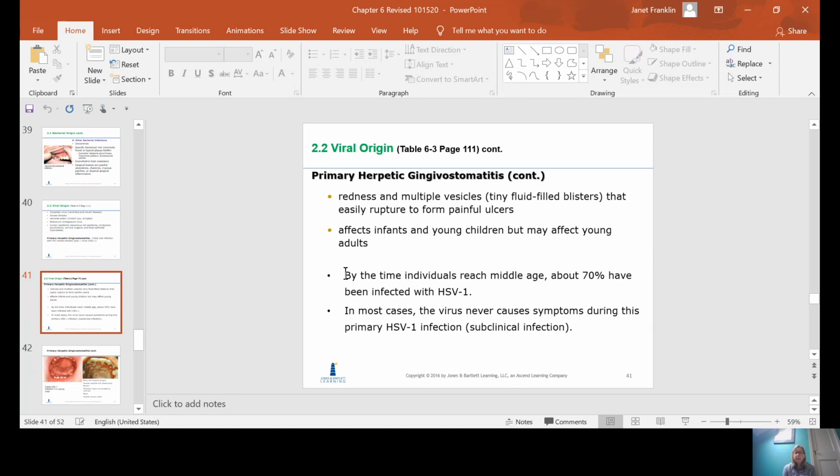By the time individuals reach middle age, about 70% have been infected by HSV1, herpes simplex virus 1. In most cases, the virus never causes symptoms during this primary infection. So patients don't always have symptoms, but they can.